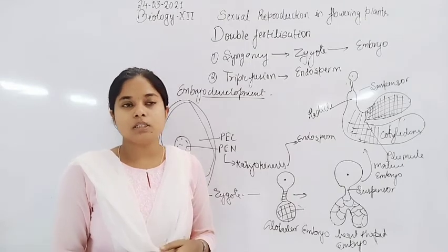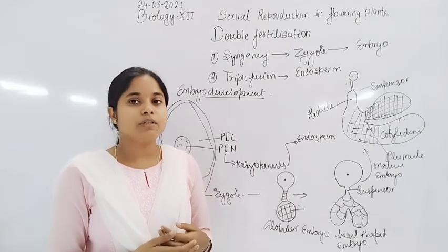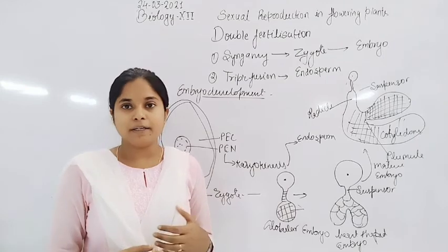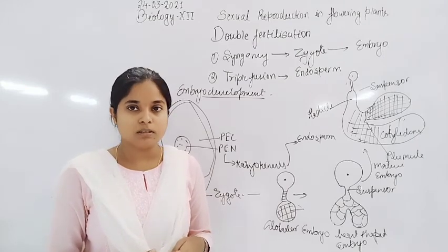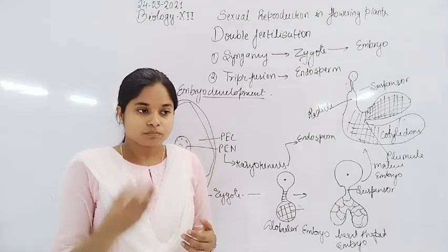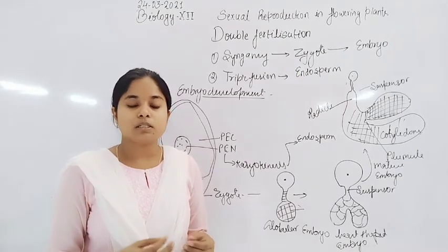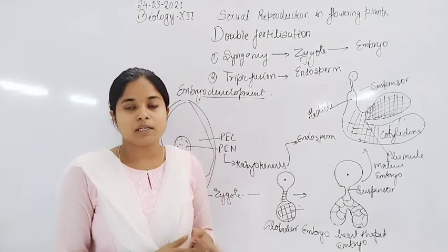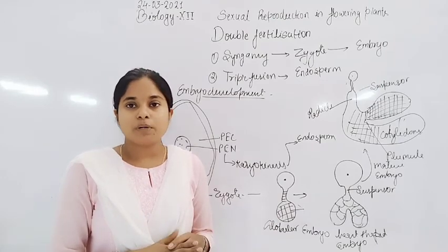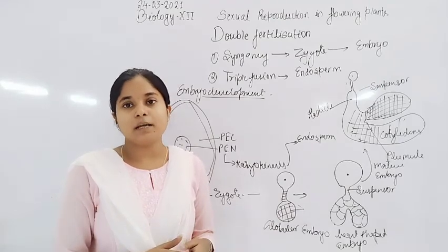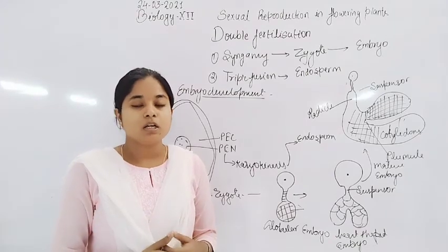In most seeds, on the basis of the presence of endosperm, they are divided into albuminous and non-albuminous seeds. If endosperm is present, that type of seed is known as an albuminous seed, and if endosperm is not present in the developed seed, that type of seed is known as a non-albuminous seed.